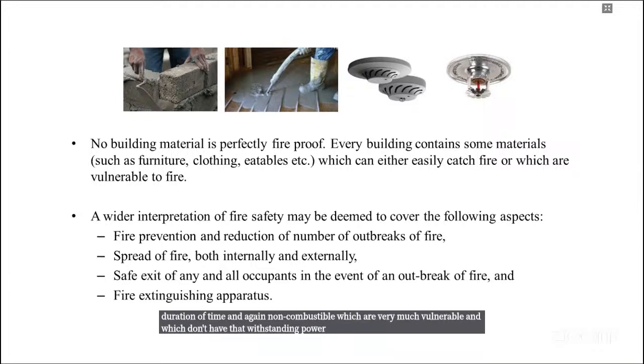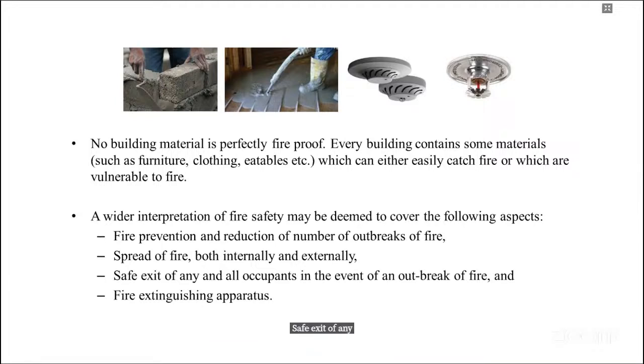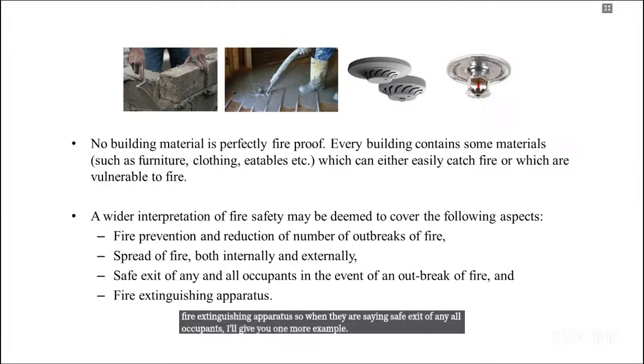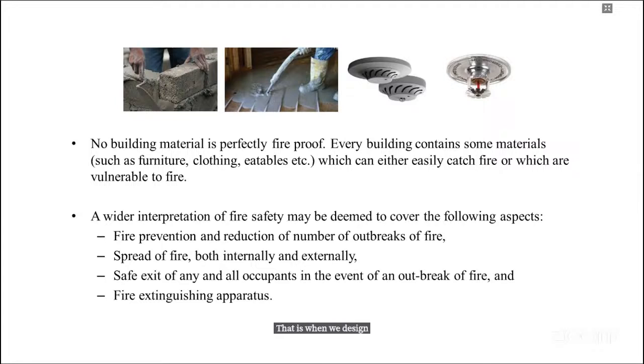Safe exit of any and all occupants in the event of an outbreak of fire, and fire extinguishing apparatus. So when they are saying safe exit of all occupants, I'll give you one more example. When we design, maybe you people are very much aware about the corridors and the corridor widths. So you are advised that the width of the exit point should be the same as that of the corridor.